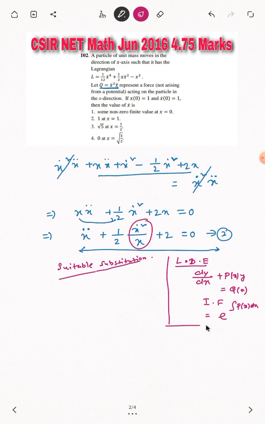This is a result we are all very familiar with, no doubt about this.